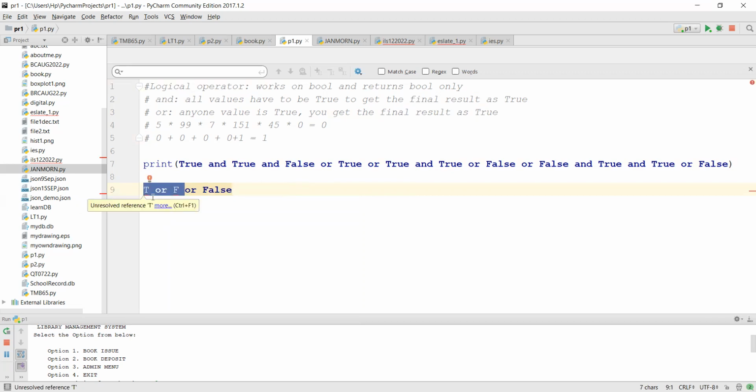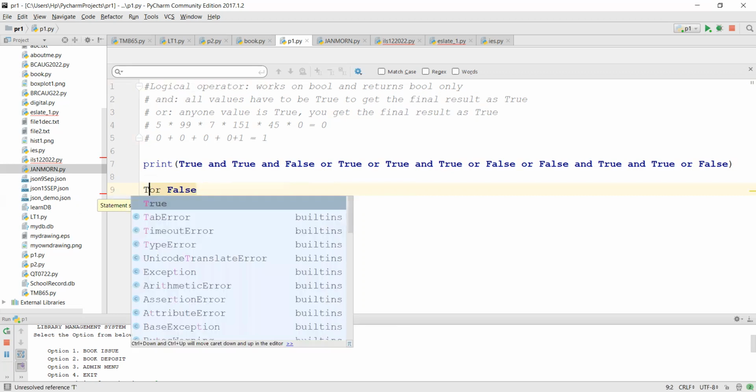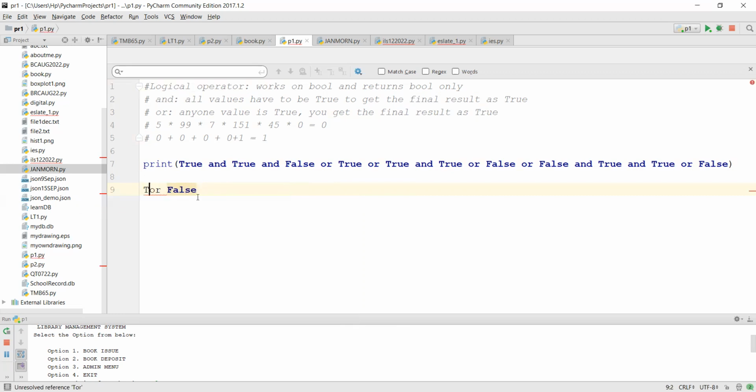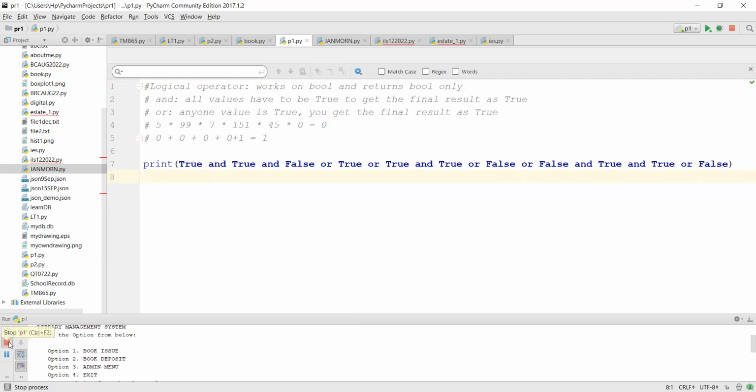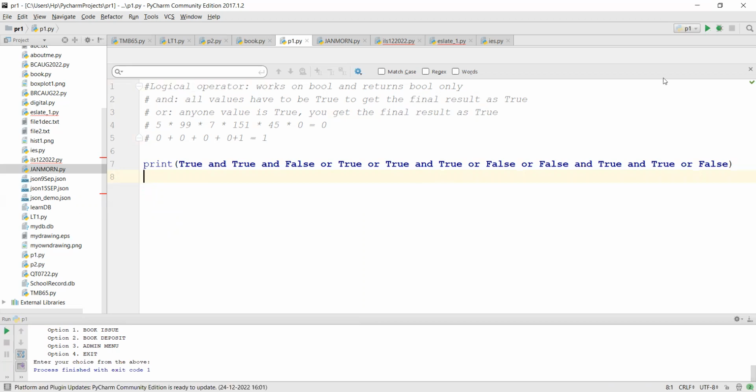True or false? True. The entire thing should be true. Let's run it and see. Okay, you get true. So this is how your AND and OR work. This is your logical operator.